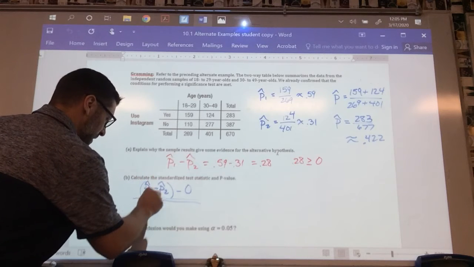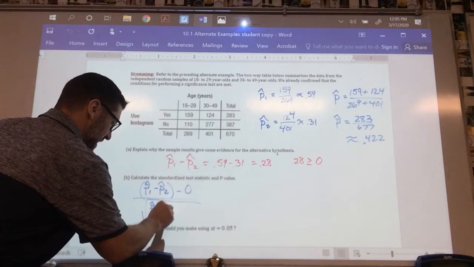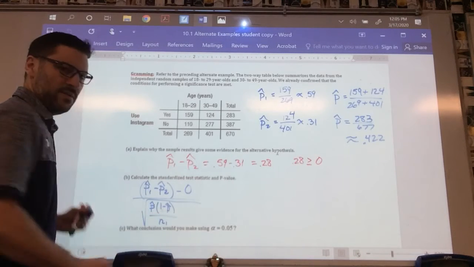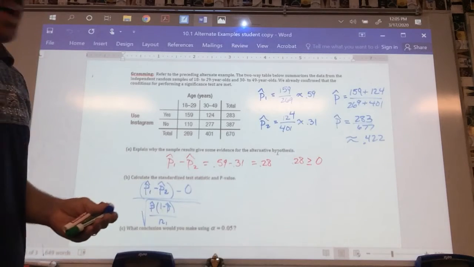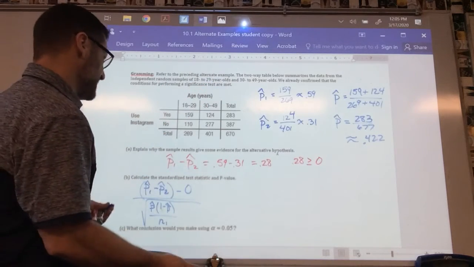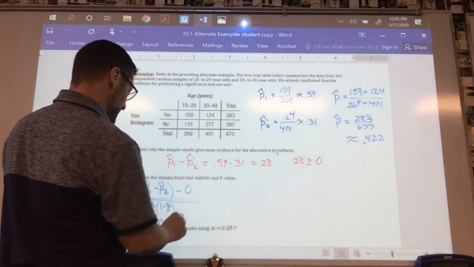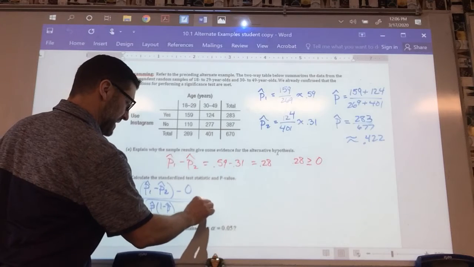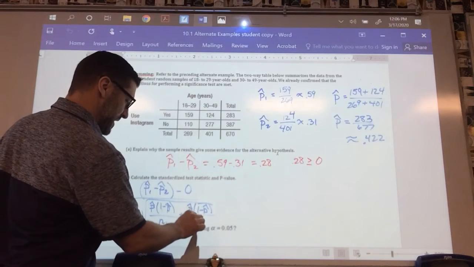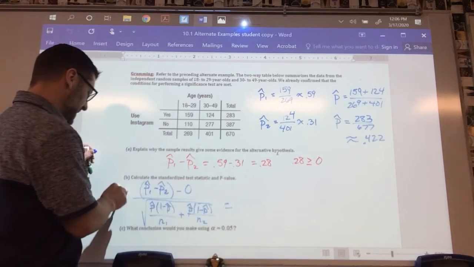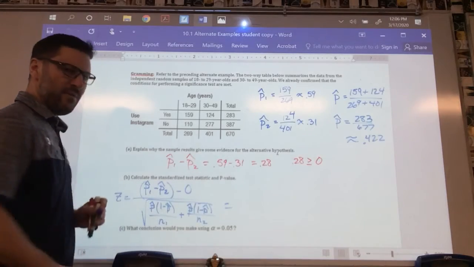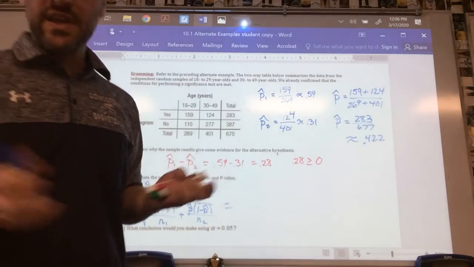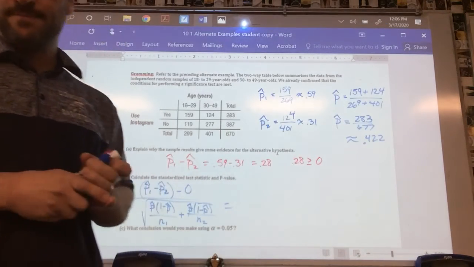So it's p hat times 1 minus p hat over n1, the number in the first group, which is the 269 value, plus p hat times 1 minus p hat over the n2 value. We're going to get a z value out of that. Hit pause, plug numbers in, and see what you get.